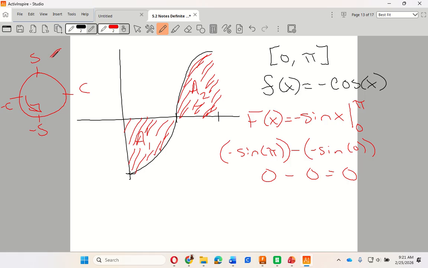So I need to be able to write this to show that I'm going to have the total area. And how would I go about saying that mathematically, this part over here has to be a positive area to get my total area? It's almost like what we just did.